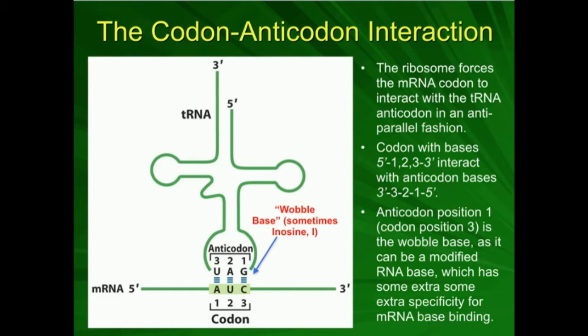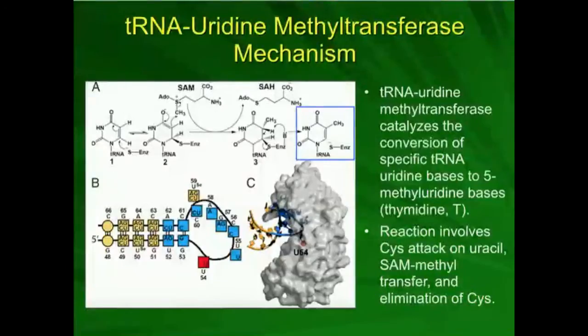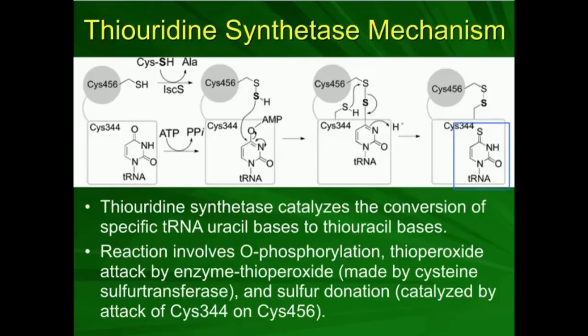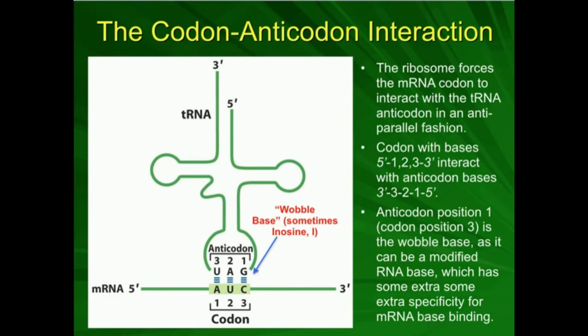Remember those modified bases that we previously looked at where we can make different bases? Here's a picture of some of them. Well, it turns out due to those modified bases and a little bit of extra flexibility here, this base right here that's position 1 on the anticodon can have different identities and not be exactly complementary to position 3 on the codon. That's called the wobble base, and it leads to some interesting things like you can have more than one tRNA binding to this codon.